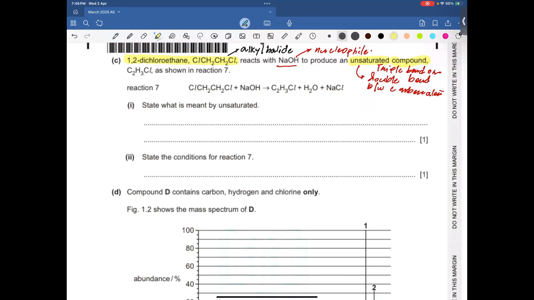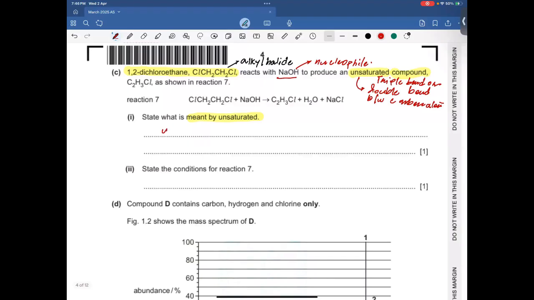Now the next question is, what is meant by unsaturated? That's an easy question. Unsaturated means containing a double bond or triple bond between carbon atoms.